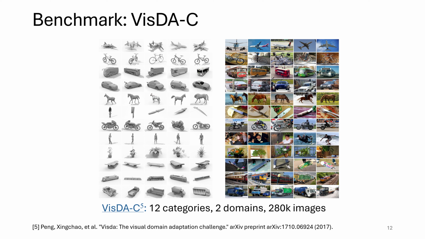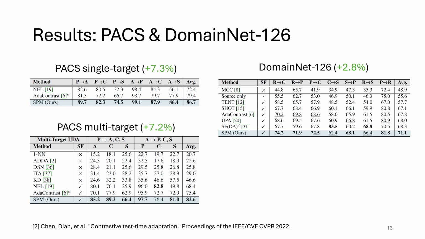The third dataset we benchmark on is the popular VisDA-C dataset, which contains a synthetic to real domain adaptation scenario with 280,000 images. We achieve state-of-the-art performance on all major benchmarks.